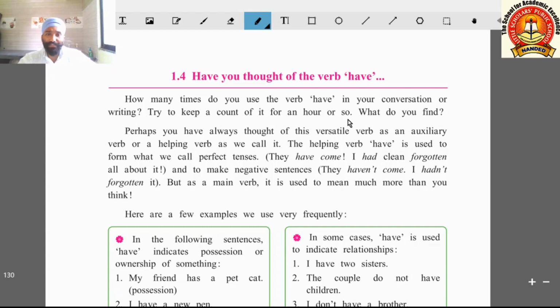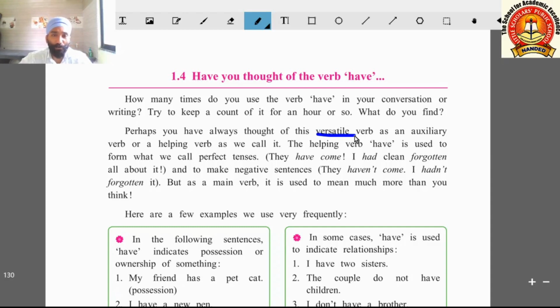What do you find? Perhaps you have always thought of this versatile verb. Versatile means a verb or a thing which is used in many ways, as an auxiliary verb or a helping verb, as we call it.